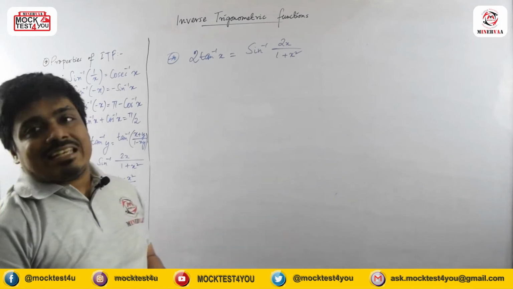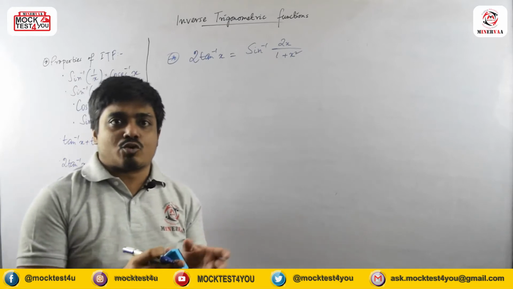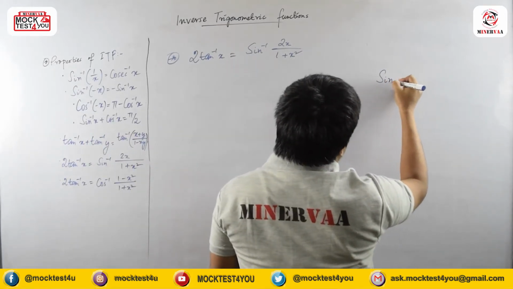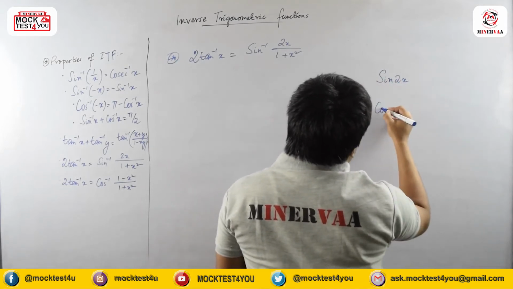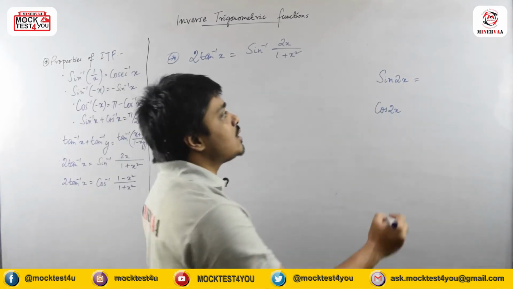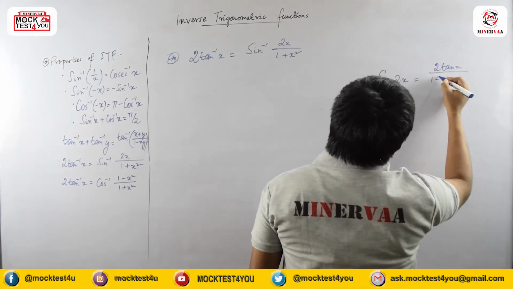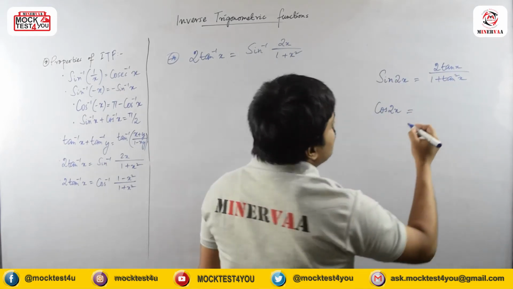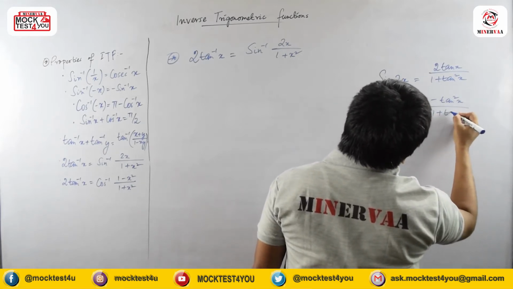Before going through this problem, let me recall the class 11 portion. There we learned two different formulas, sine 2x and cos 2x. The formula of sine 2x was 2 tan x divided by (1 plus tan square x). And the formula of cos 2x was (1 minus tan square x) divided by (1 plus tan square x).